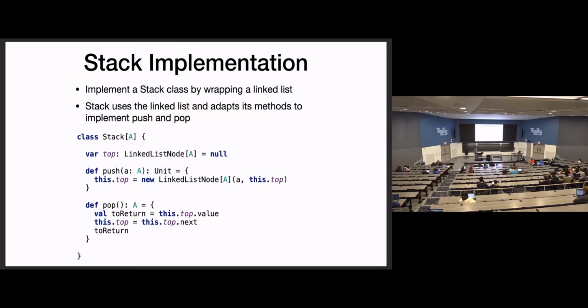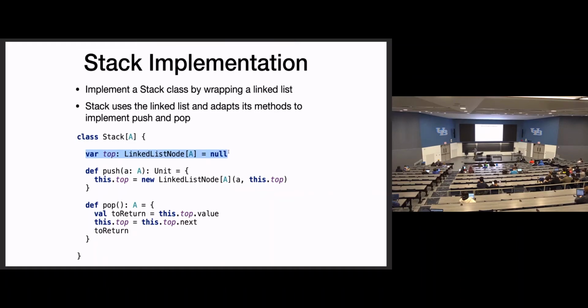And this is what that looks like in code. So we're going to use our linked list node, which defines a linked list, and use that to build our stack and queue. So here I have a stack class, which takes a type parameter, so we can have a stack of whatever we want. And it's going to have a state variable that is the linked list.